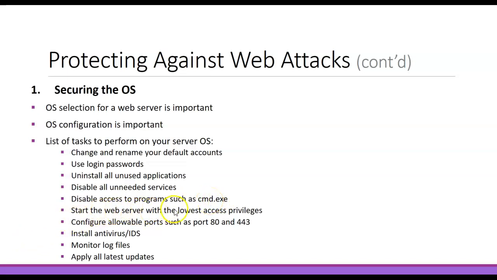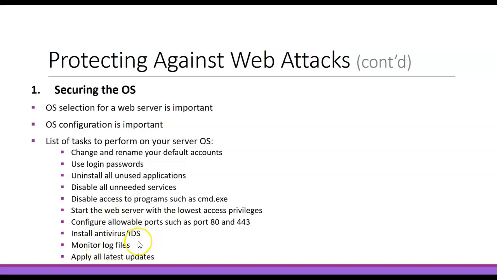Start the web server with the lowest access privilege. Give them the lowest privilege, the lowest permissions. Configure allowable ports such as port 80 and port 443. Configure the ports, which port to use, and so on, whether to use HTTP or HTTPS.